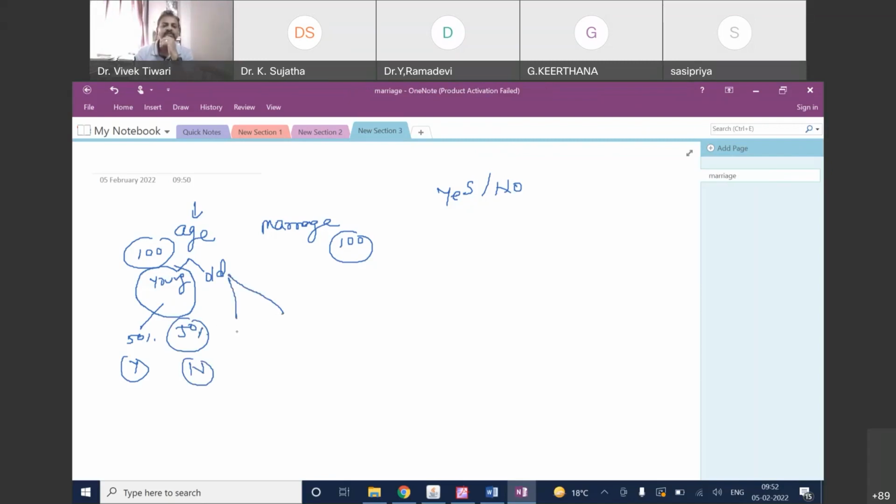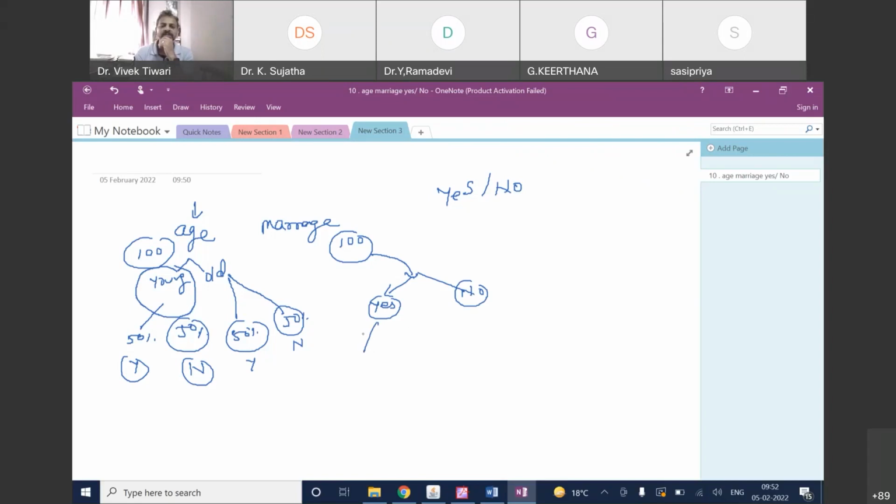Similarly, among the old, 50% are invested and 50% are not invested. Take that assumption. Similarly, marriage. Again, there are two sub-levels. The person is married, yes or no.